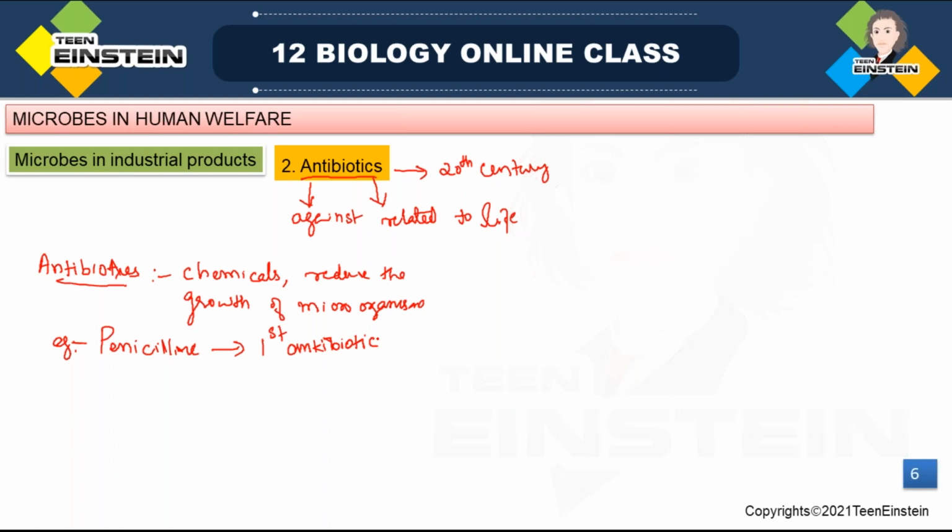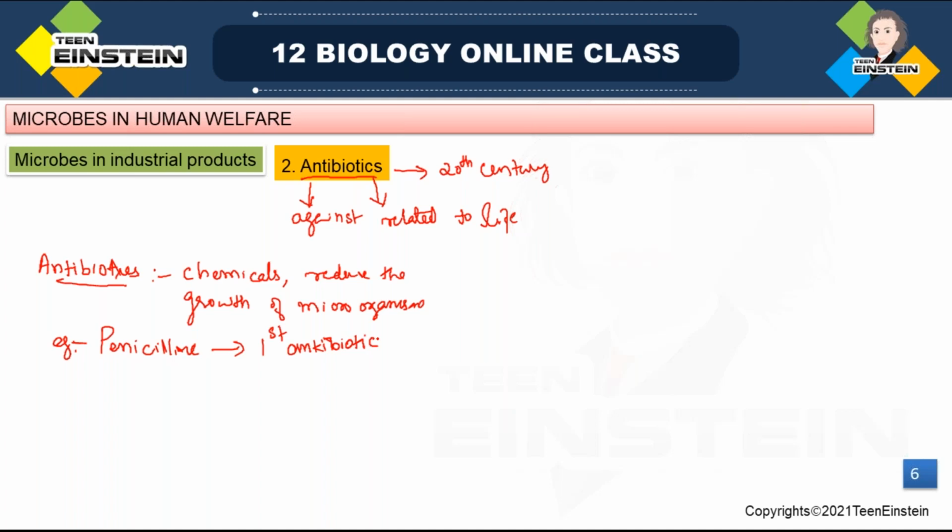Alexander Fleming was working on Staphylococcus bacteria. He kept a Staphylococcus bacterial culture plate and didn't wash it. In the unwashed culture plate, they saw another mold growing, and they started observing it.